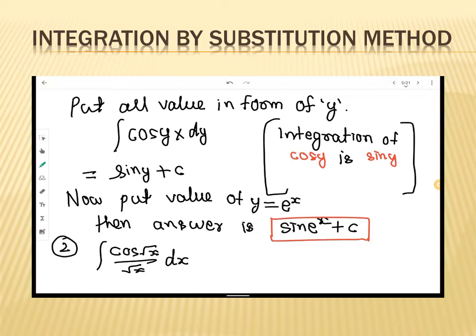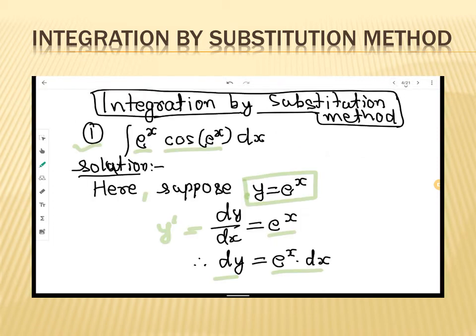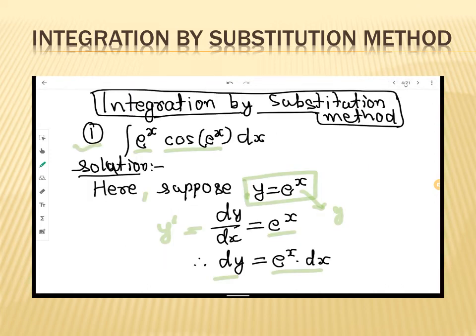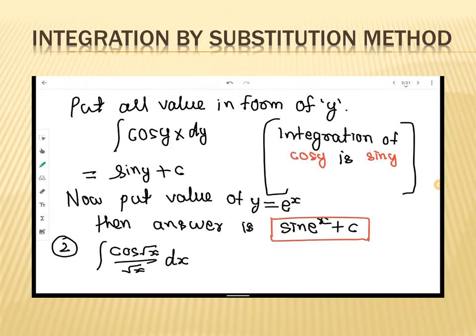Then you just replace e^x by y. Here is e^x, we replace it by y, then cos y, and here is e^x dx, which we replace by dy. Therefore, we can write cos y dy.